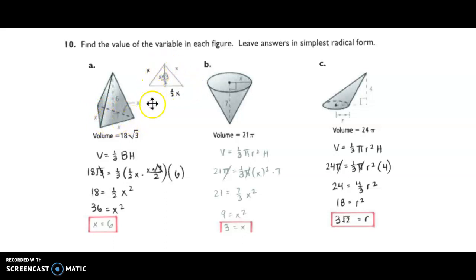Okay. And so if this is x, the hypotenuse, right, and this ends up being a 30, 60, 90 triangle, then we know that this side must be half of that x, and this must be 1/2 root 3 times x. So that's what this is here.